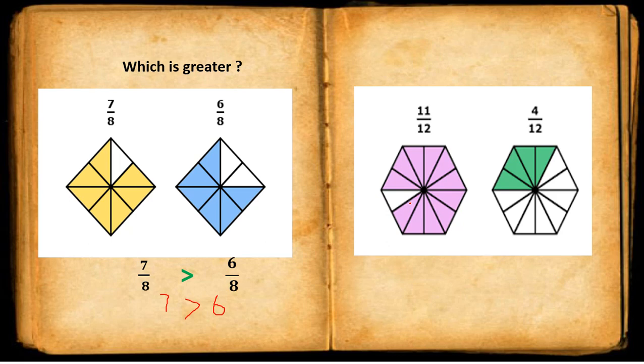Again in these two fractions, 11 upon 12 and 4 upon 12, which is smaller? From the second figure we get the fraction for the shaded part is 4 upon 12, and from the first figure the fraction of the shaded parts is 11 upon 12.